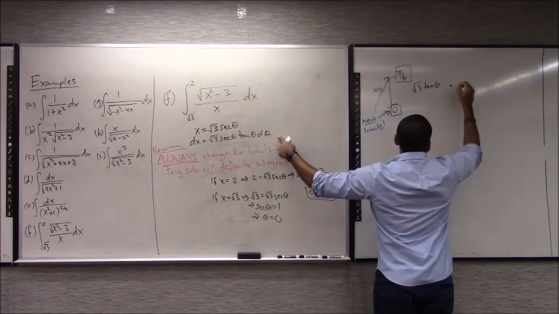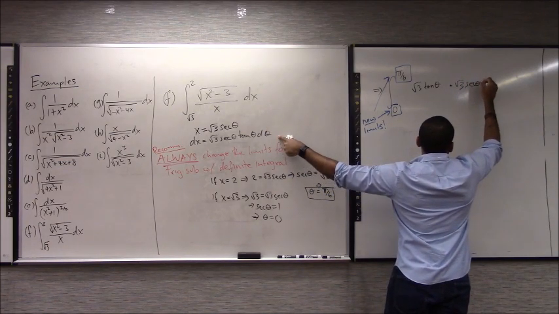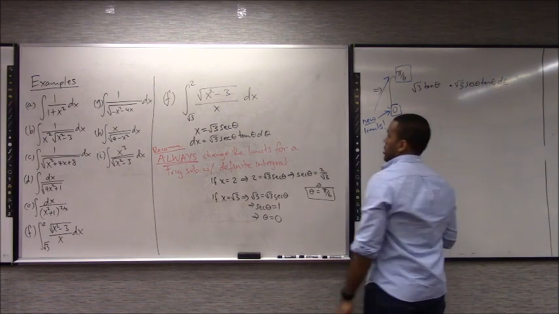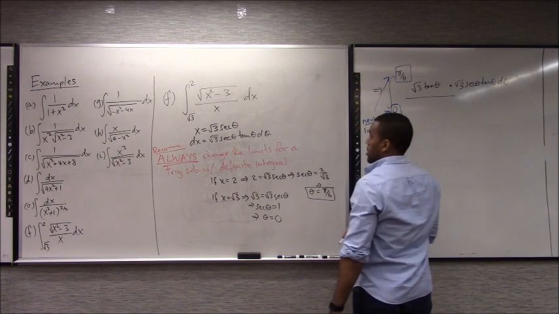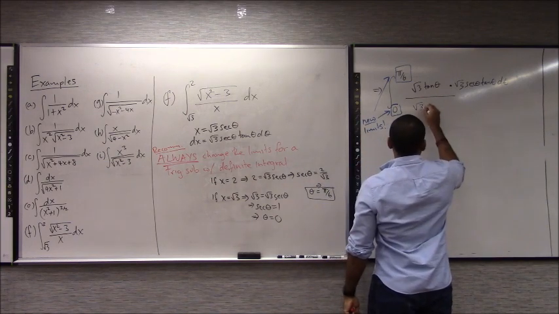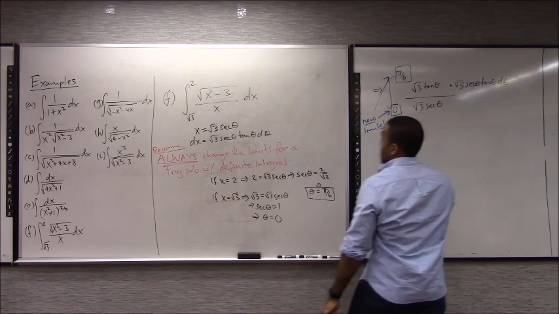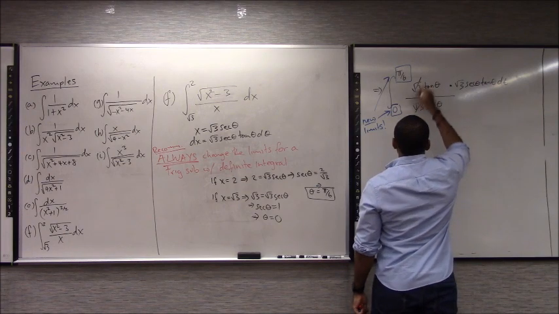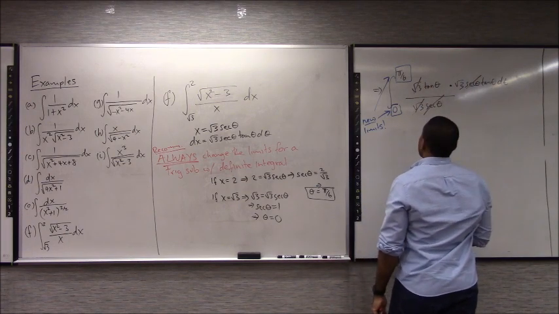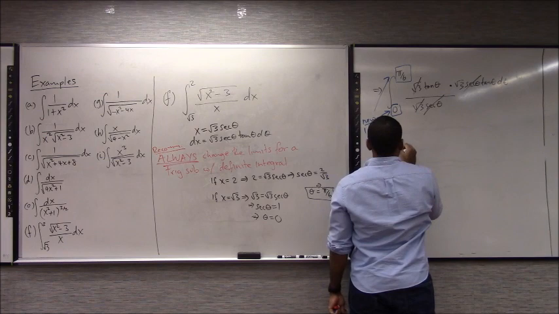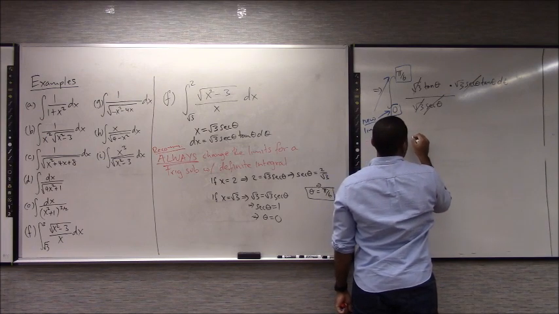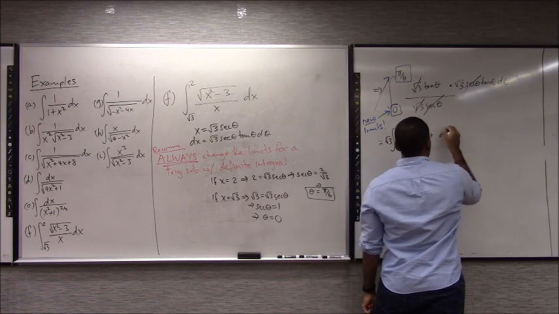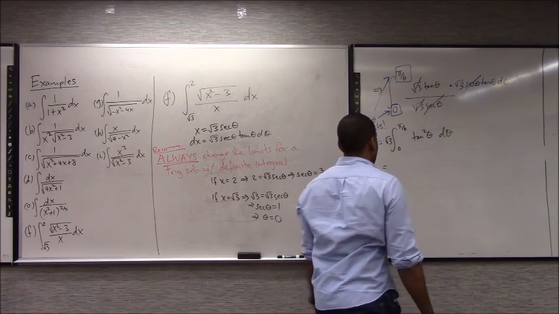My dx is radical 3 secant theta tangent theta d theta over my x is radical 3 secant theta. So radical 3's cancel, my secant theta cancels with secant theta. So this is 0 to pi over 6 of tangent squared with a radical 3 pulled out. Tangent squared theta d theta.